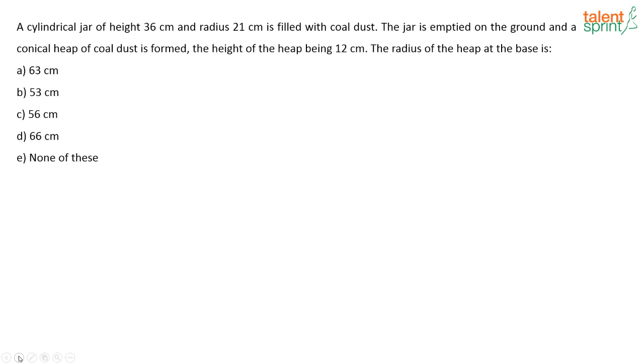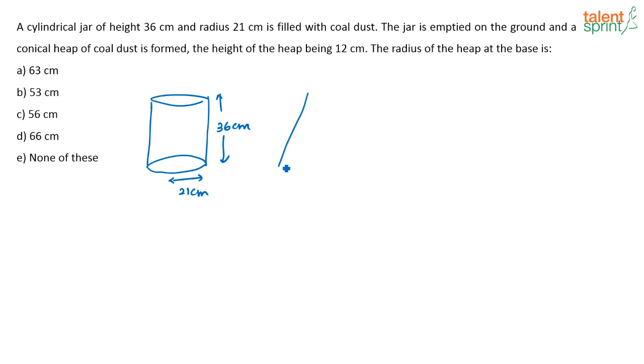Let's solve it. There is a cylinder, I am just drawing a cylinder here. We have a cylindrical jar of height 36 centimeter and radius 21 centimeter, and this is filled with coal dust. The jar is emptied on the ground and a conical heap of coal dust is formed.